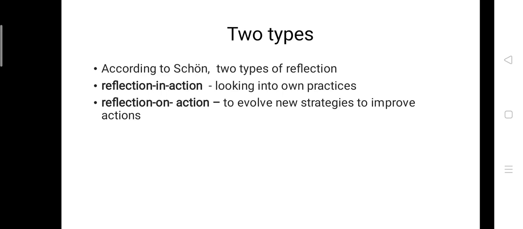So there are two types of reflection. One is purely the review by oneself on our own activity, and the other is a much higher level, to improve or to change or to evolve new strategies or new methodologies.